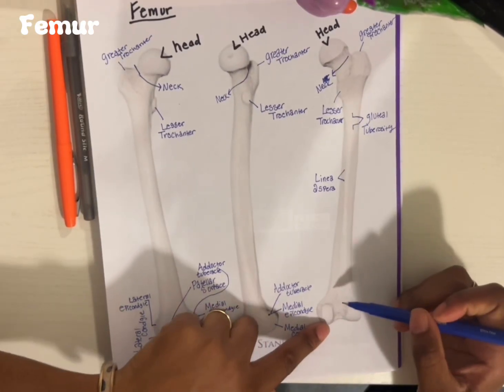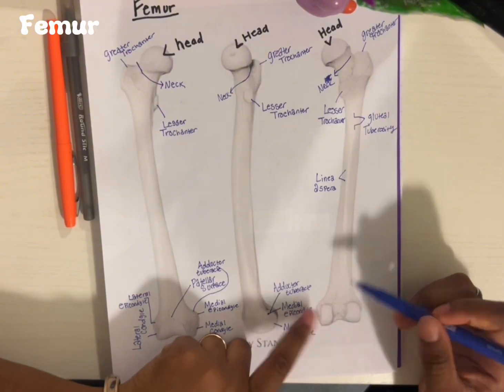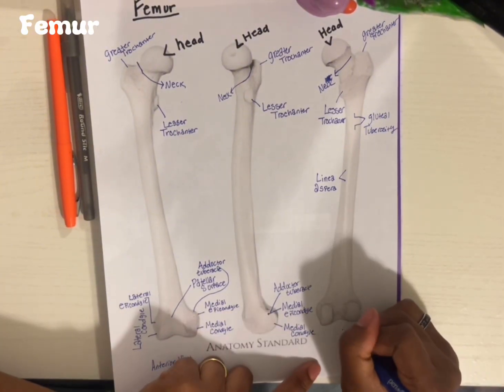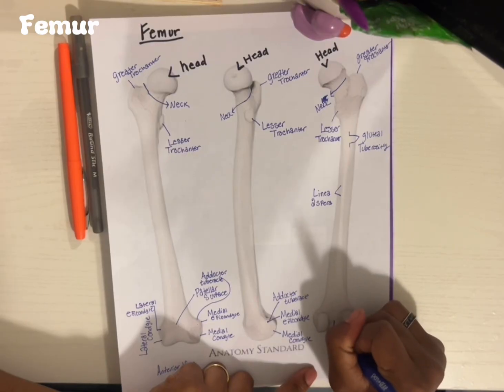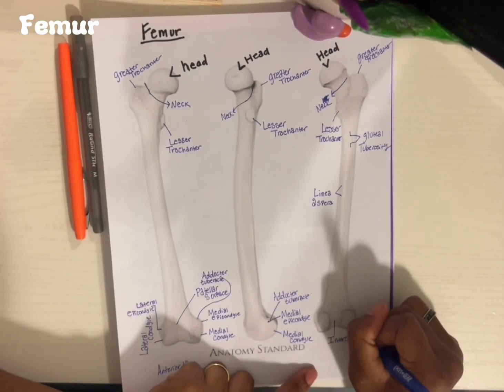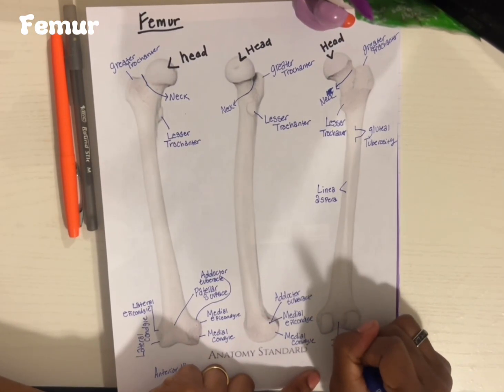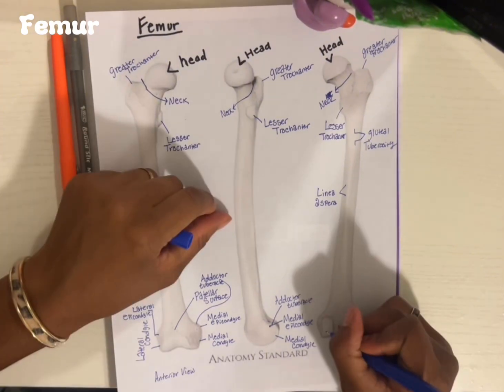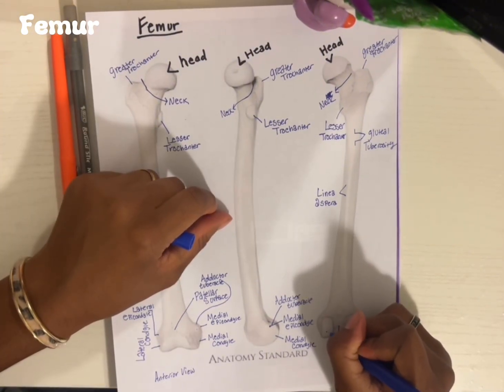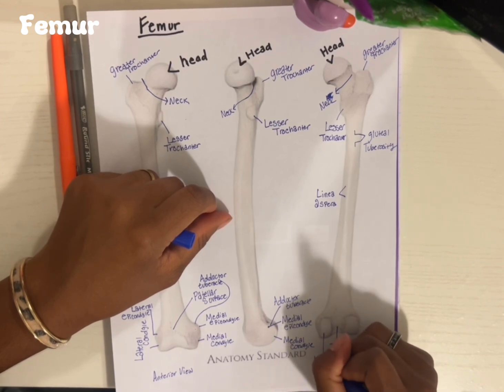Down here to the bottom of the femur, we got everything going on. Right here, this is your intercondylar fossa. This right here is your medial condyle.